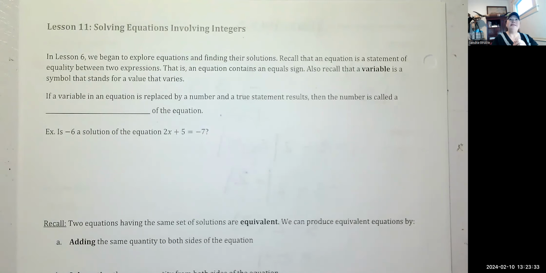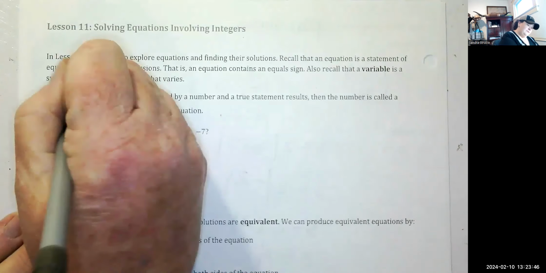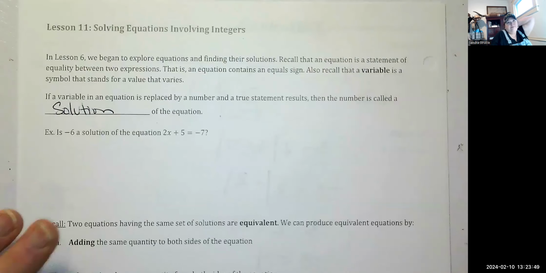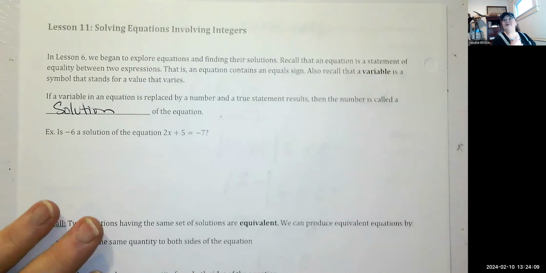If a variable in an equation is replaced by a number and a true statement results, then the number is called a solution of the equation. Is -6 a solution of the equation 2x plus 5 is equal to -7? Well, the only way we can check to see if -6 is a solution is to substitute -6 in for the variable x, or I like to use plug and chug.